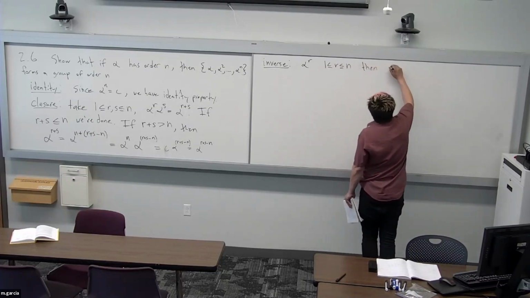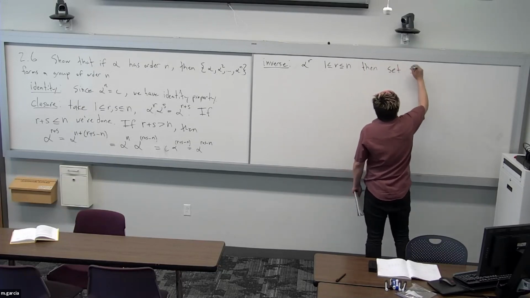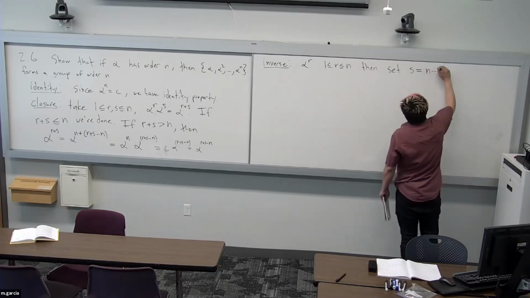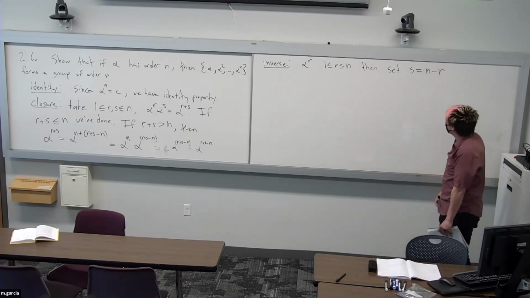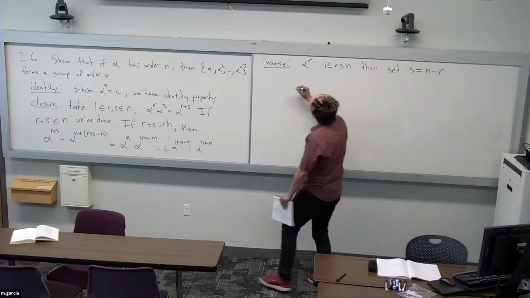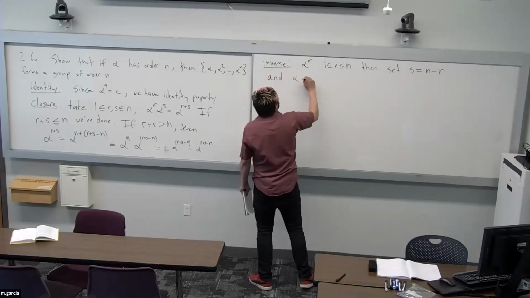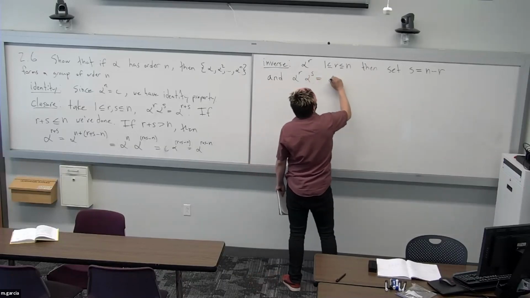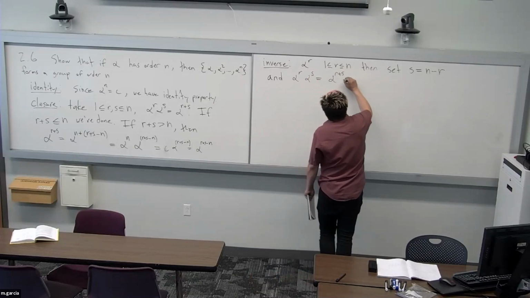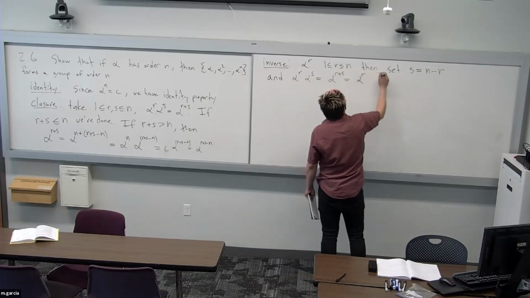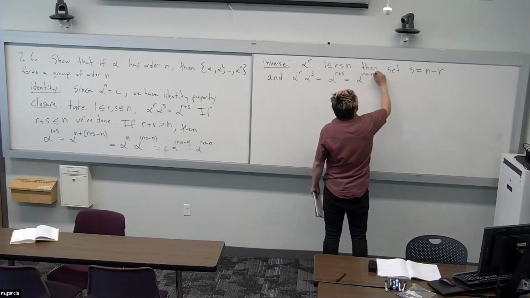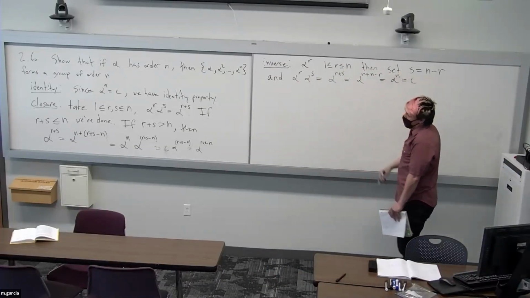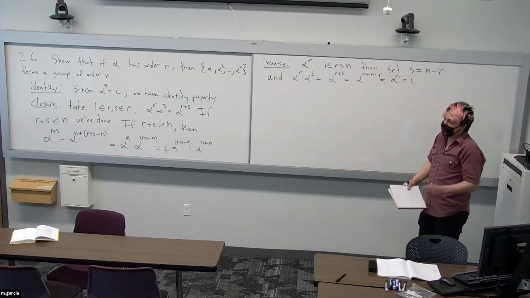Then set s to be equal to n minus r, and compute alpha to the r times alpha to the s, which is alpha to the r plus s, or in other words, alpha to the r plus n minus r, which is alpha to the n, which we know is iota because the order of alpha is n.